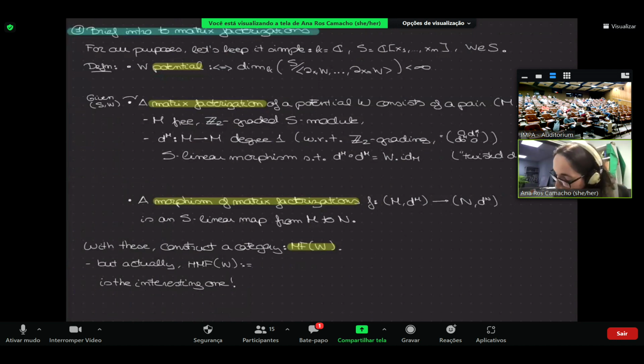If I compute the dimension of the quotient ring S divided by the ideal generated by the partial derivatives of W with respect to each of the variables of my ring, if this quotient ring is finite dimensional, then W is what I call a potential. Let me give you an example to help you parse that.